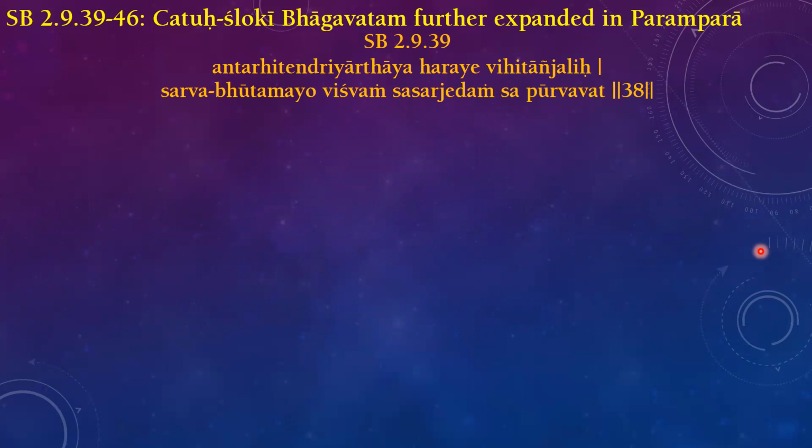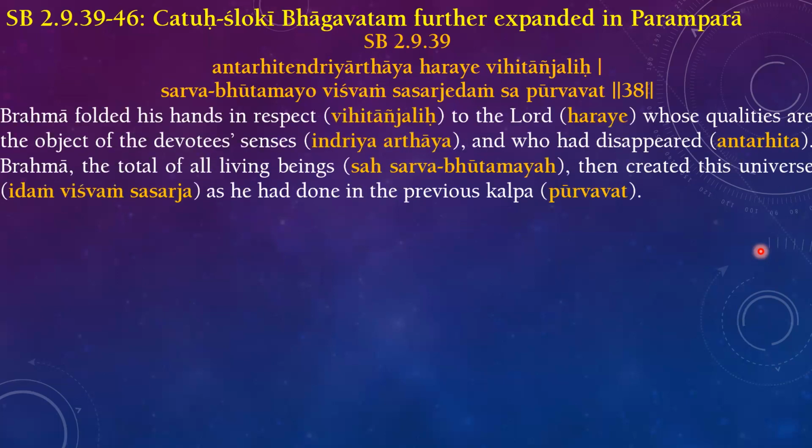Antarhitendriyarthaya haraye vihitanjalih sarvabhutamayo vishvam sasarjedam sa purvavat. Brahma folded his hands in respect to the Lord, whose qualities are the object of the devotee's senses, and who had disappeared.